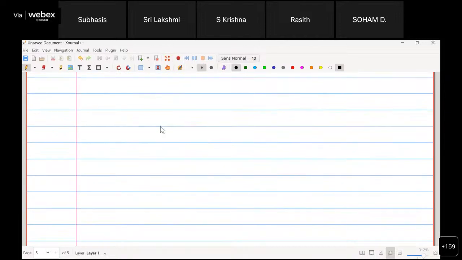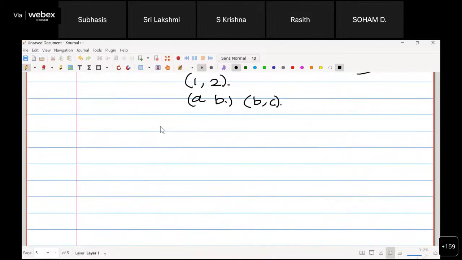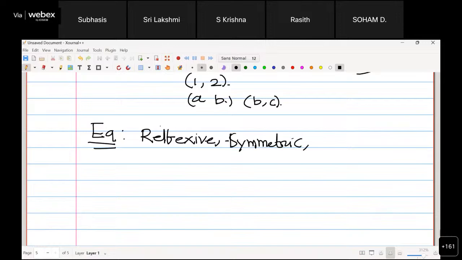The final thing I want to say is equivalence relation. An equivalence relation is a relation which is reflexive, symmetric, and transitive.